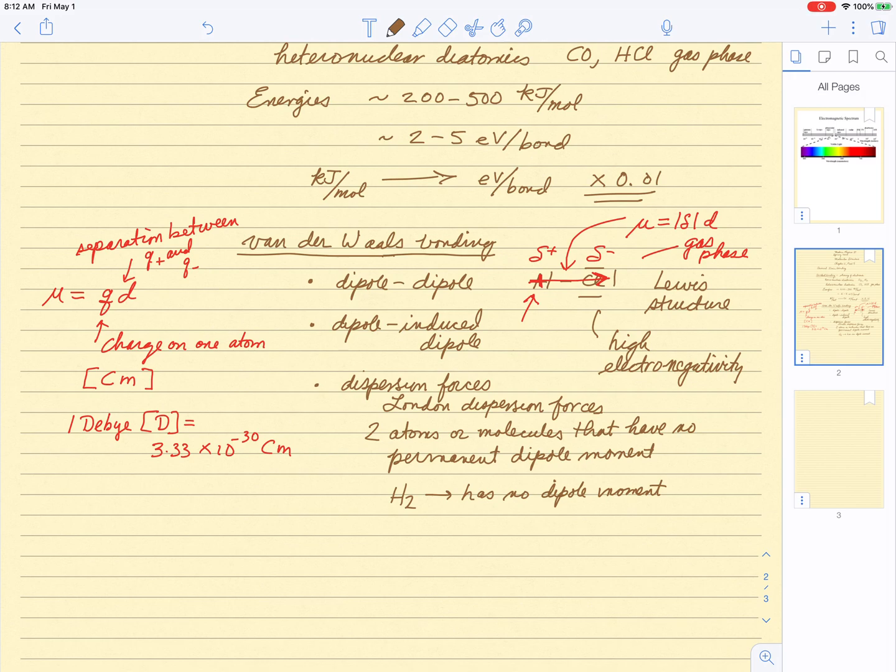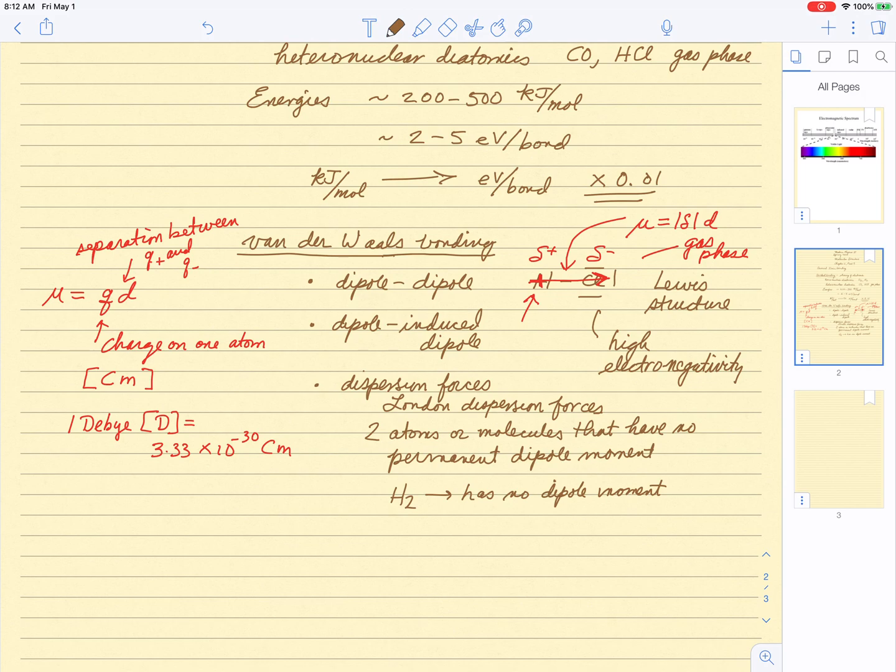transient dipole moments will induce transient dipole moments in other H2 molecules around them, and these dispersion forces are attractive in nature.